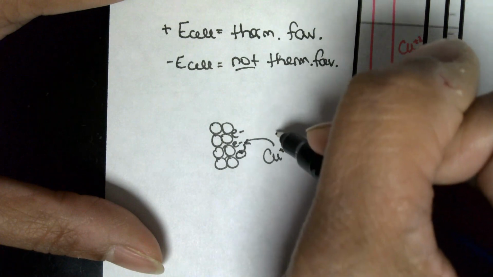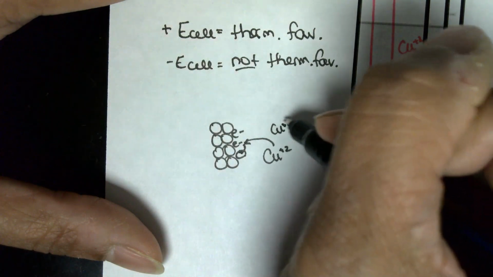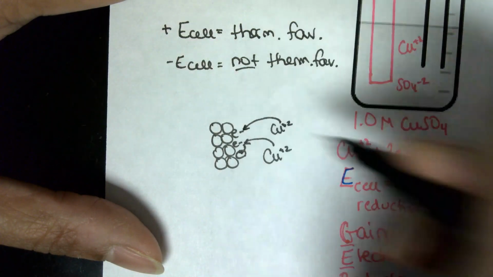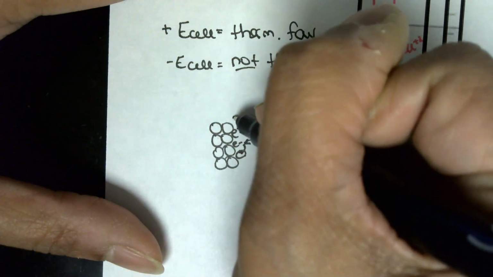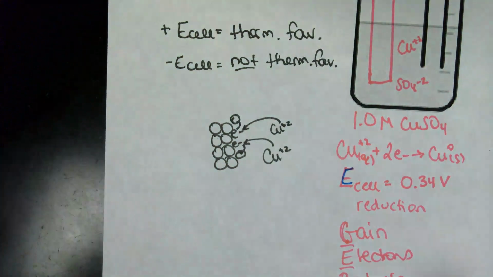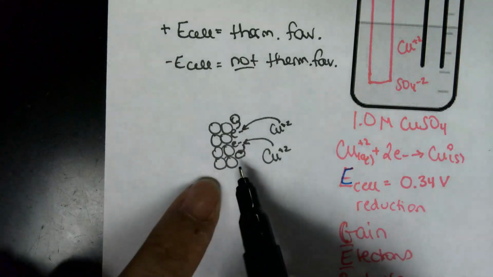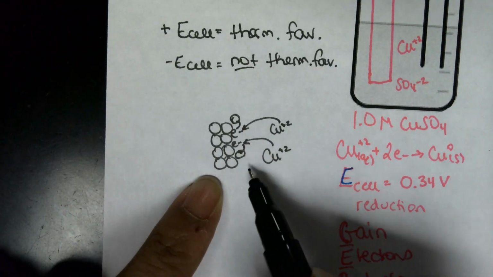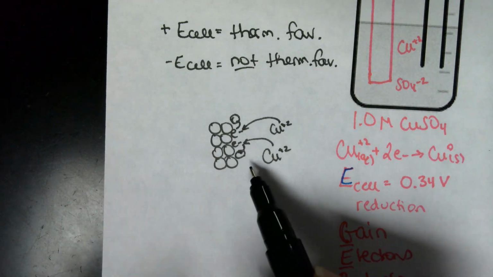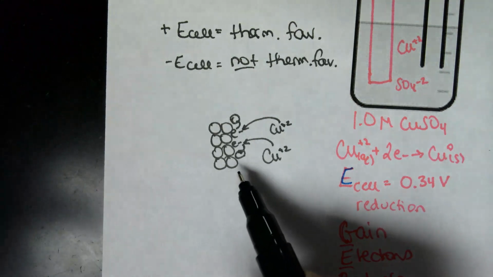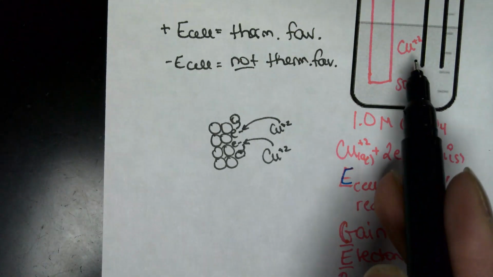So again, another copper ion might be attracted to that electron and form more atoms. So over time, the mass of your cathode should increase. So it should essentially be coated with more and more of whatever was in that solution.